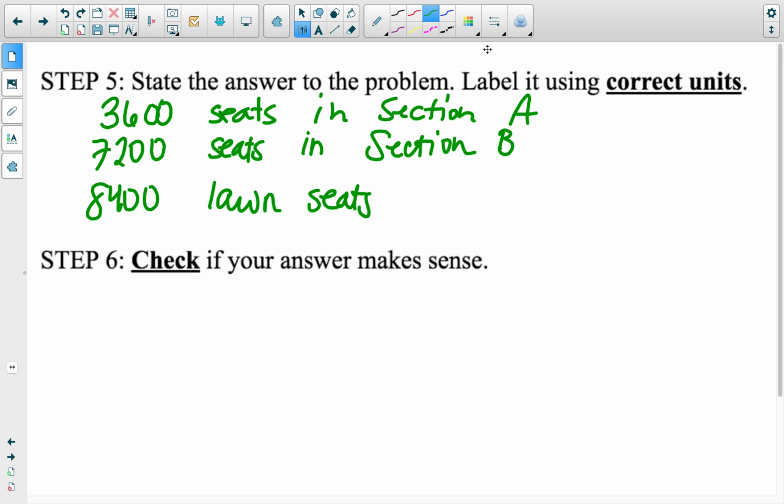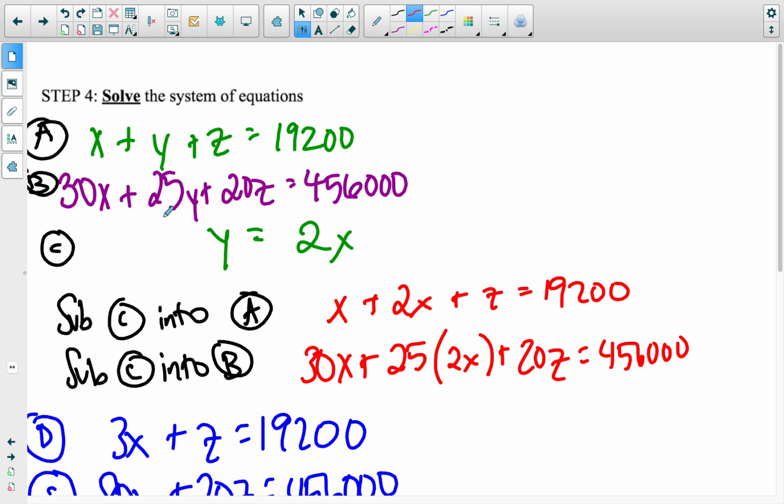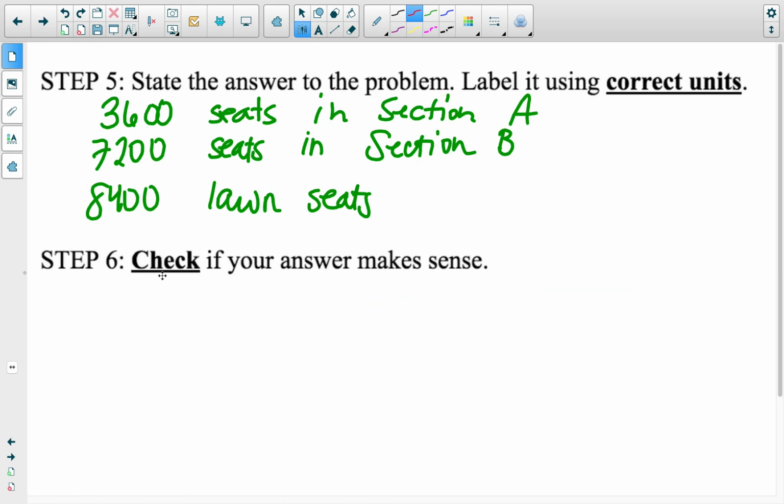All right. Last thing we want to do, check and make sure that these answers make sense. So you want to plug in x, y, and z to one of your originals. I'd recommend plugging it into maybe the middle one because we haven't used that one very much. All right, you could plug it into A or B though. But you want to make sure you're plugging it into an equation that uses all three variables.